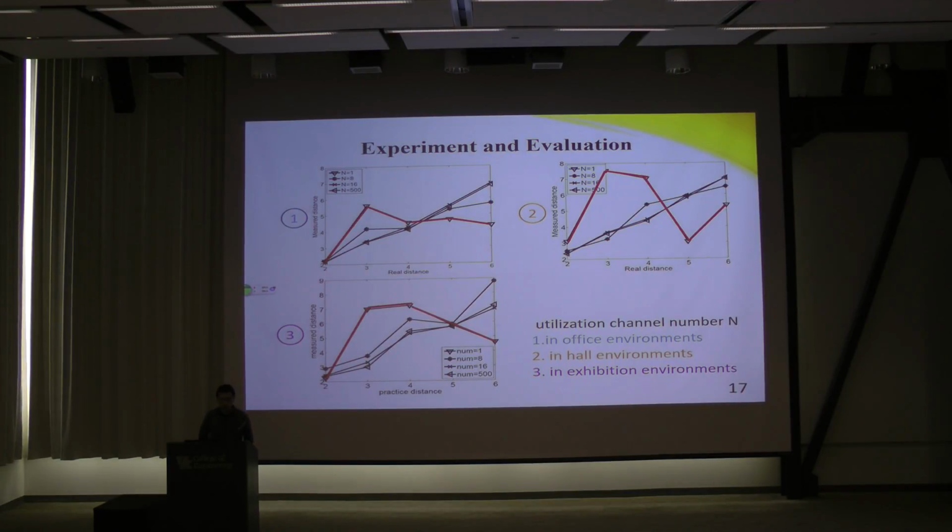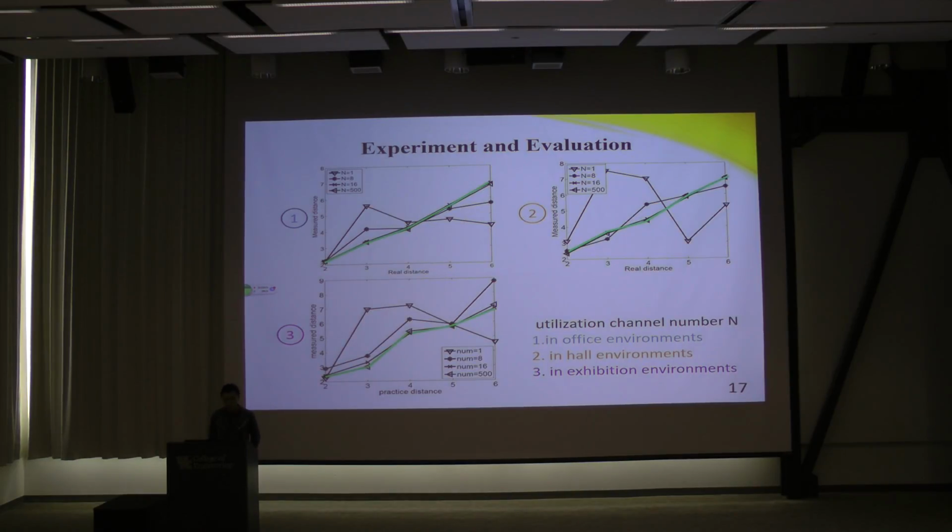The traditional method cannot deal with the multipath effect, so the real distance and the measured distance are not matched. But if we use our method, the green line, we can see the real distance and the measured distance are matched.